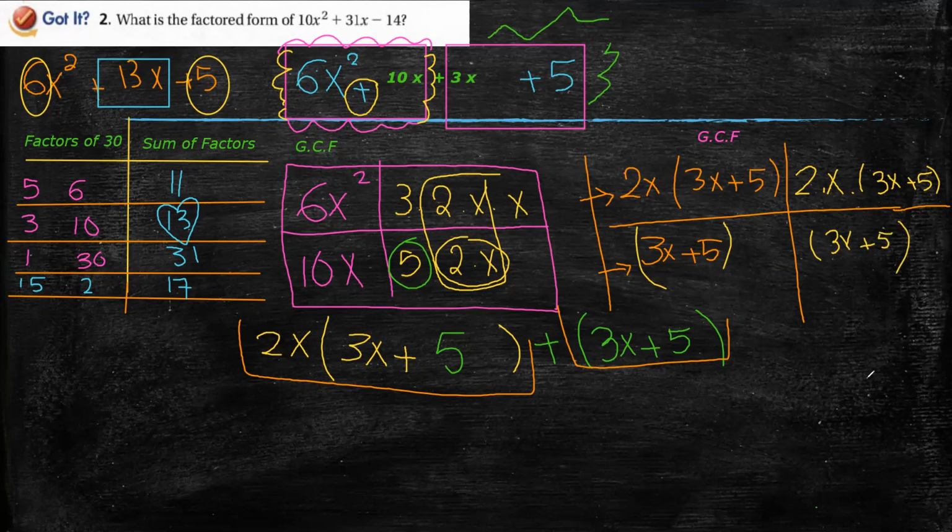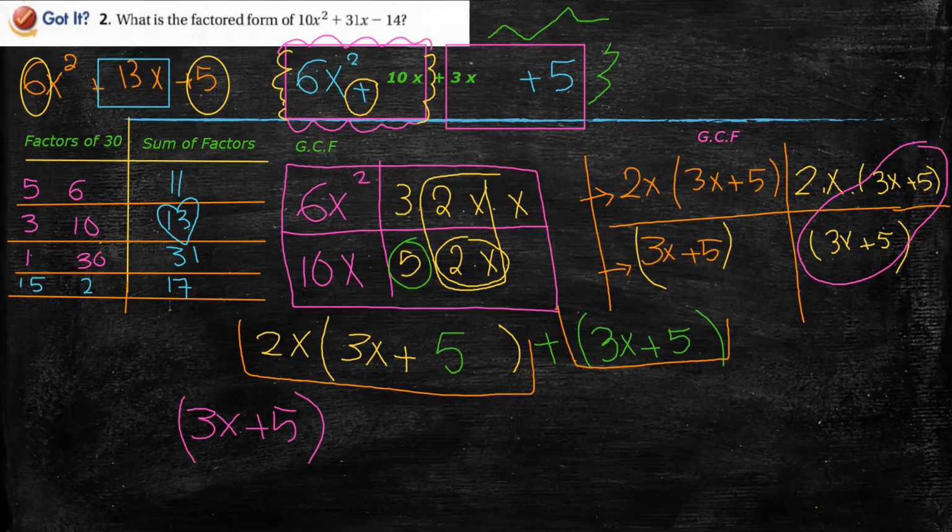Teacher, how did it become 2x and 3x plus 5? Shouldn't it be the GCF of 3x plus 5 only? Yes, but I want to show you the steps here. So what is the GCF here? It was 3x plus 5.